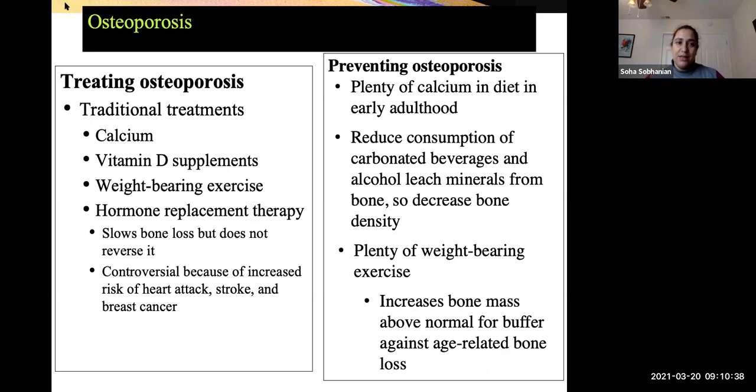Preventing osteoporosis. So how do I stop osteoporosis from happening? Plenty of calcium in your diet at your early adulthood. The more calcium you have, the more of that calcium is going to be deposited, so the less chance of your bone becoming brittle. Consumption of carbonated beverages, alcohol, actually leach away the calcium from your bloodstream and causes that to be removed from your system. So limit drinking sodas.